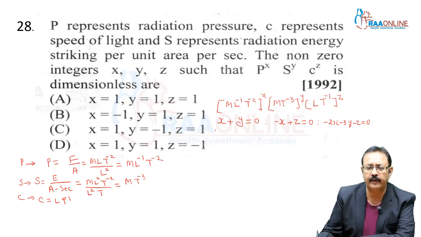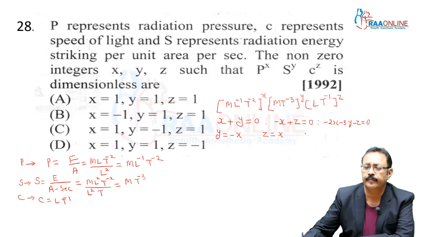Now we put the values of y and z from the first and second relations into the third. So what will we get? Minus 2x minus 3y, y means minus x, minus z, means x is equal to 0.